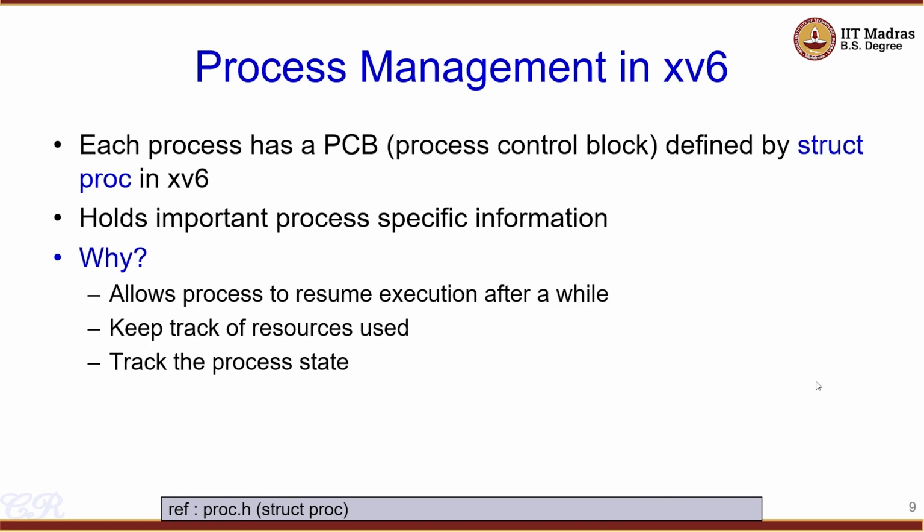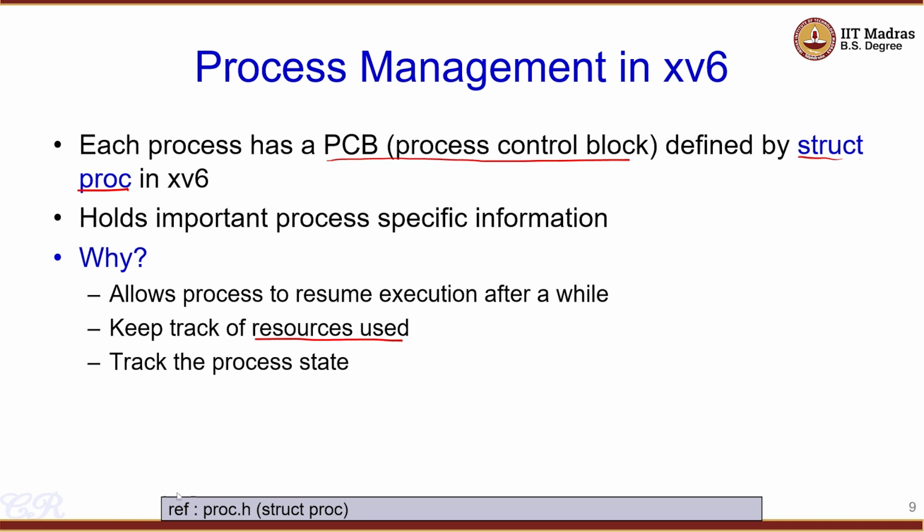The proc data structure, sometimes called the PCB or the process control block, keeps track of critical resources used by the process, such as the files that are opened, the amount of memory used by the process, the state of the process, and things like that. This process control block in XV6 is defined by the structure called struct proc, and as mentioned, it holds important process specific information.